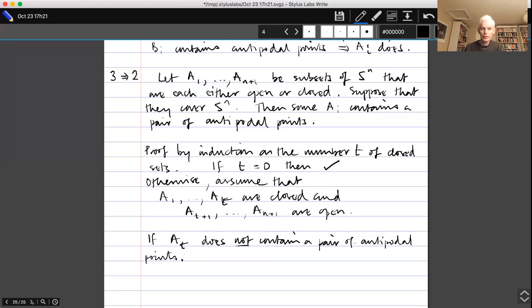Right, so let's just define a function, I'll call it f, by f of x equals the max of the distance from x to AT and the distance from minus x to AT.